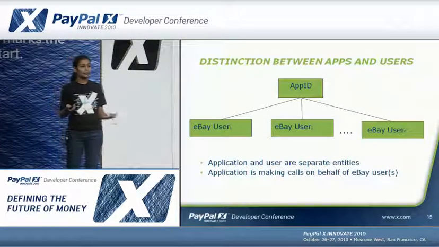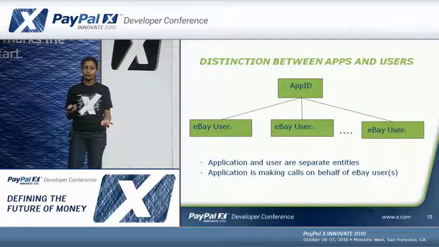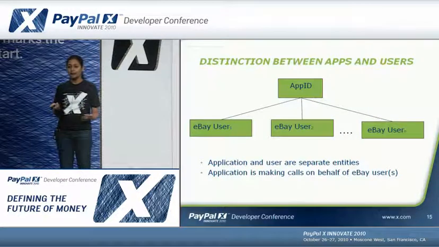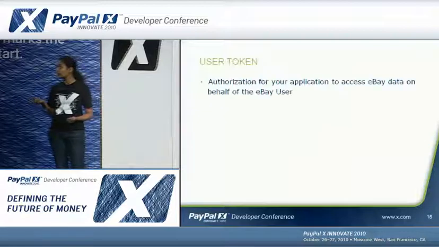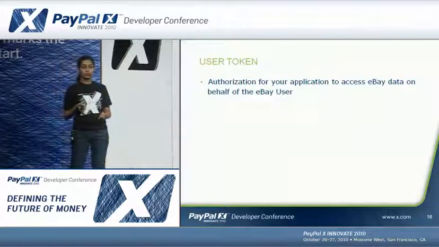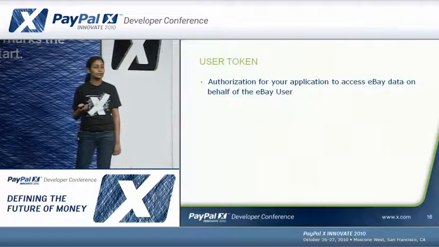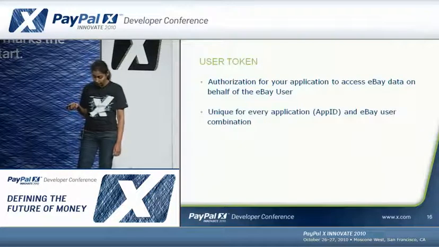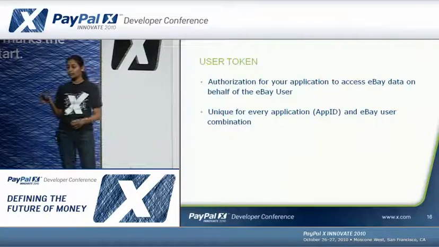So I'm sure the next question in your mind is, well, how does the app ID get this power? What authenticates the application? And the answer is a user token. A user token is a string that provides your application with the authentication to access data on behalf of an eBay user, to retrieve data on behalf of an eBay user, or even to write data on behalf of an eBay user.